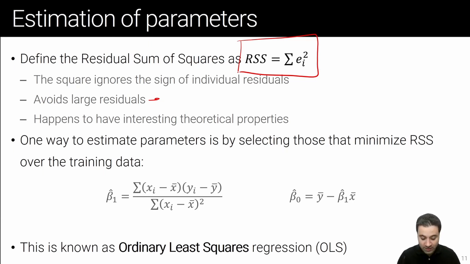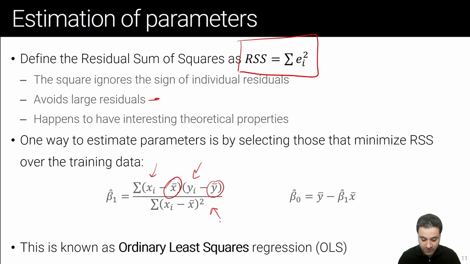And it turns out that one can do the math, and we have a nice closed solution to this problem. And it turns out that the coefficients would be beta 1 computed in this way. You see, it has to do with the difference between every observation and the mean in the X, the difference between each observation in the response and the mean in the response. And then here we have something that looks like the variance of X. So it actually has to do with the covariance between the two of them, how well they're correlated.